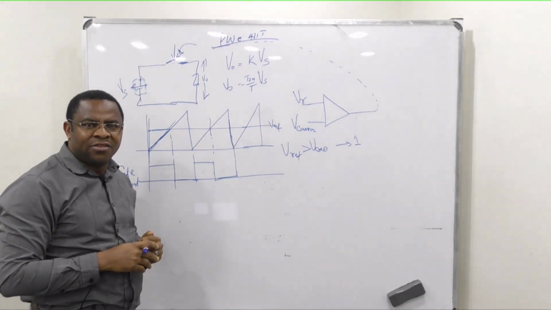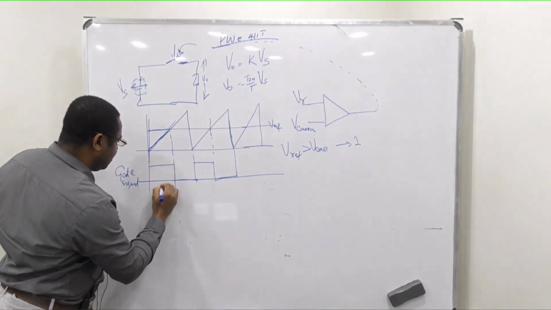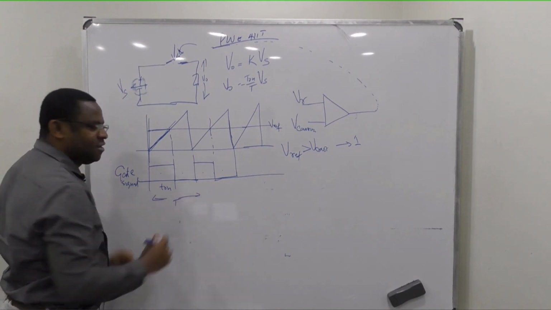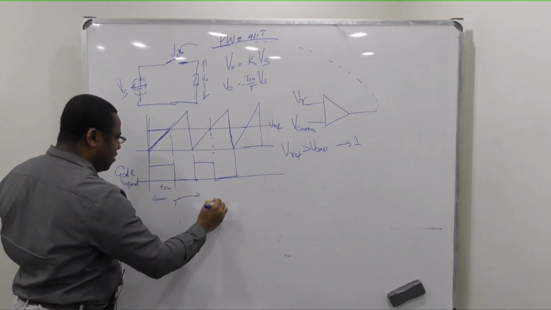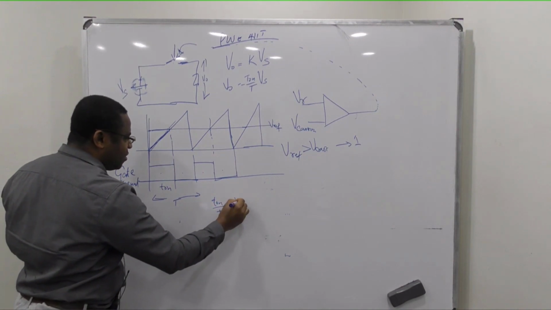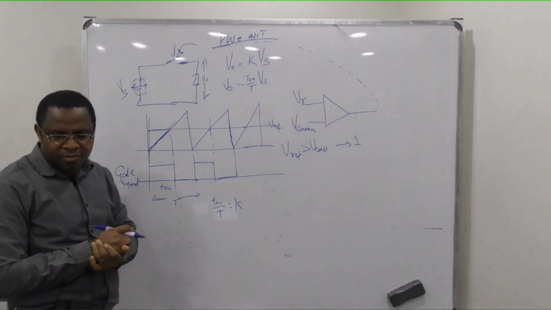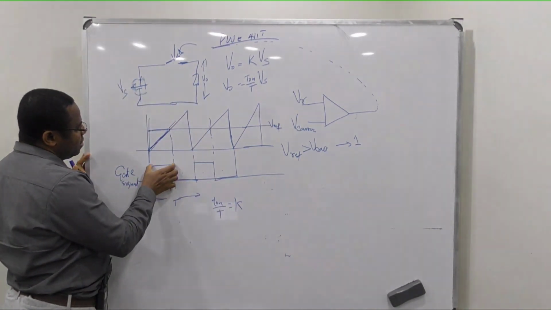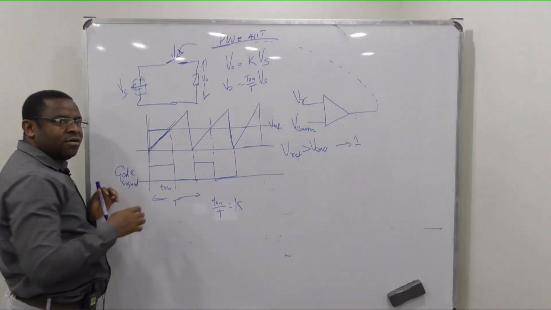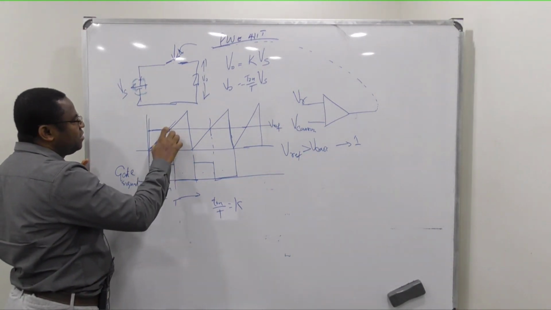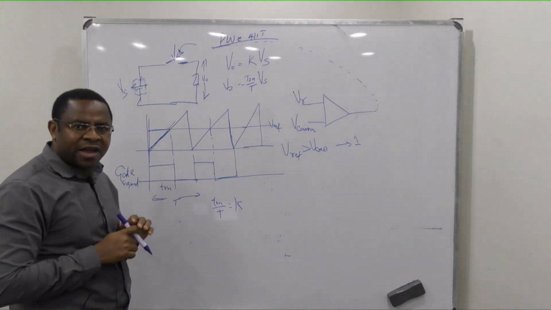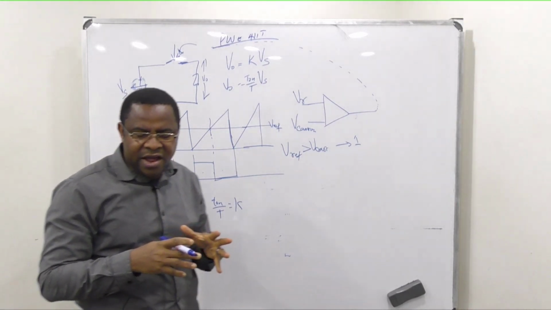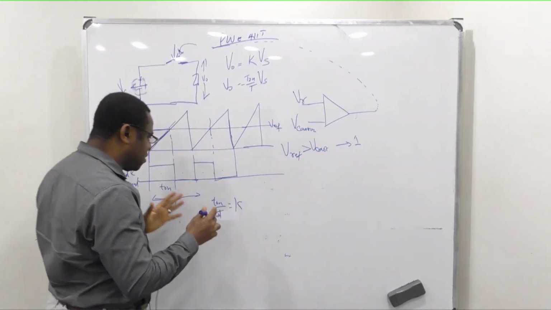Can you see, if you look at this, here is the time of on, T on. Here to there is T. If I take T on divided by T, that gives us our duty cycle. That time of on also deals with the voltage of the carrier. So you can say that the voltage of the carrier with the voltage of the reference will give you the same thing.